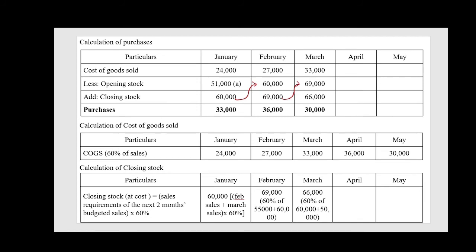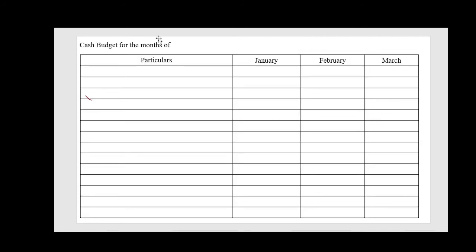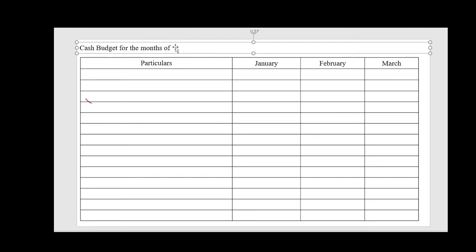More or less, we have the information that is required for preparing the cash budget. So let us quickly go ahead and prepare the cash budget for the months of January, February and March. They have not mentioned the year.